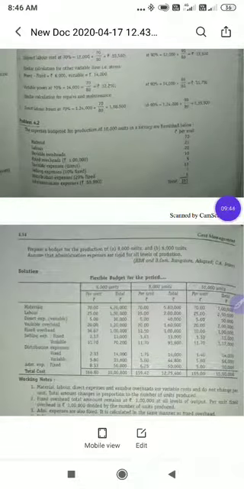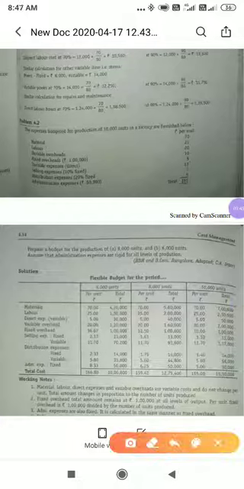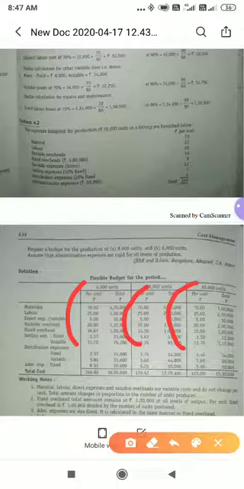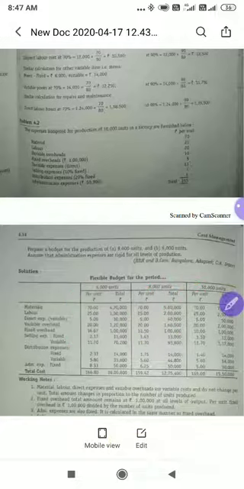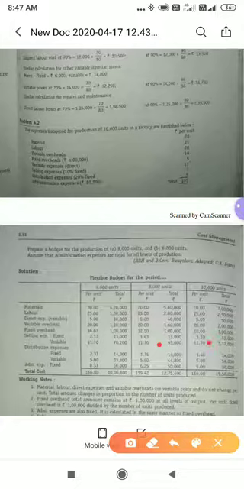So we have got variable cost per unit 11.7. You have to just multiply: 11.7 into 6,000, 11.7 into 8,000, 11.7 into 10,000. Then you will get 70,200, 93,600, 1,17,000.